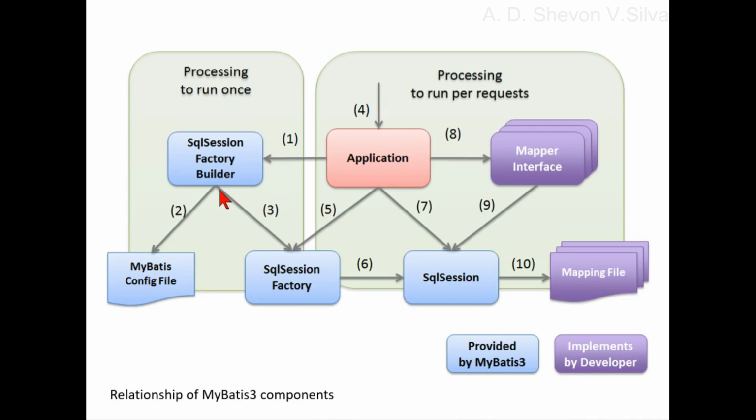Number 1, the application requests building of SqlSessionFactory from SqlSessionFactoryBuilder. 2, SqlSessionFactoryBuilder reads the MyBatis configuration file for generating SqlSessionFactory. 3, SqlSessionFactoryBuilder generates SqlSessionFactory based on the definition of the MyBatis configuration file.